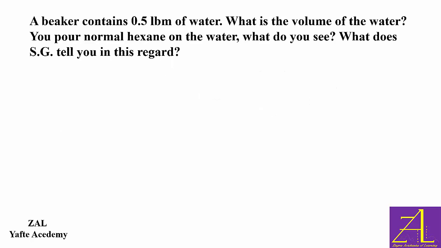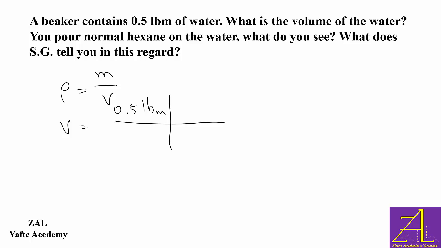Next, we have a beaker with 0.5 pound mass of water, and we want to get the volume. Density is equal to mass per volume, and in here I have the density of water. Volume of water would be the mass of water, which is 0.5 pound mass, divided by density of water. Let's use that 62.43 pound mass per foot cube.